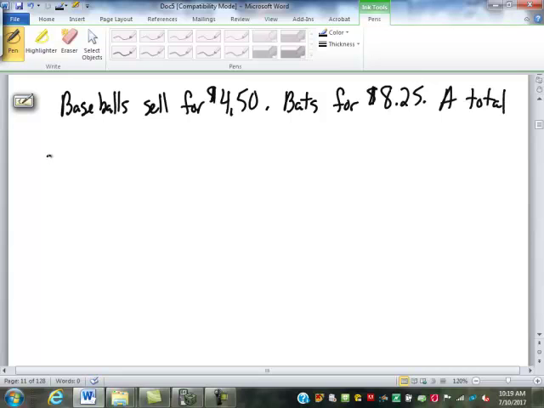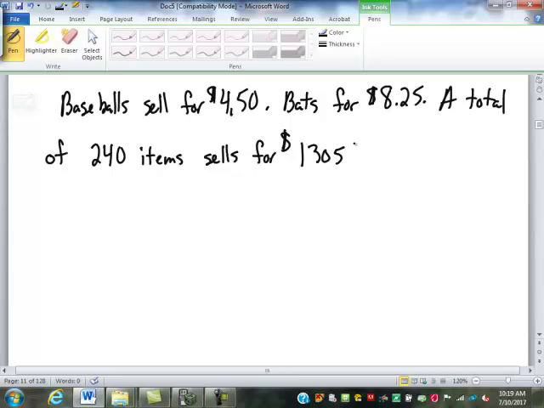A total of 240 items sells for $1,305. How many of each sold?